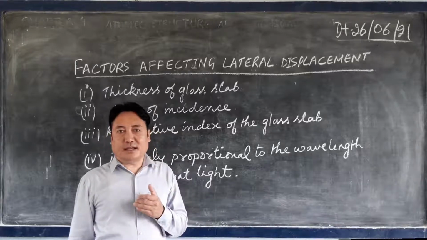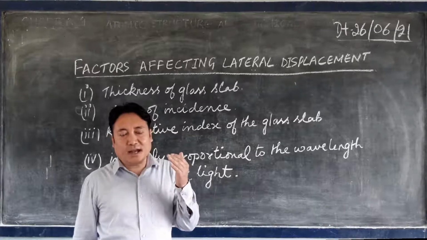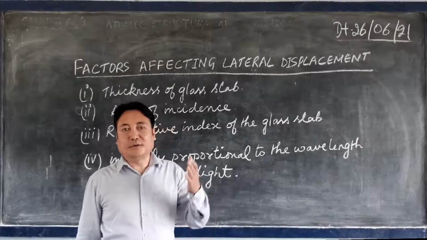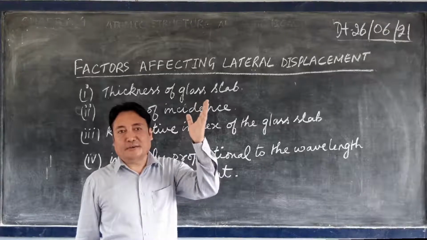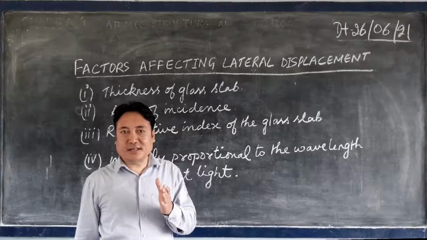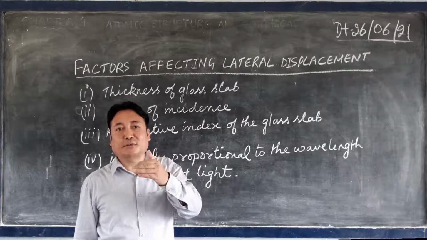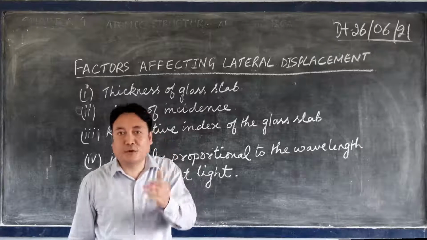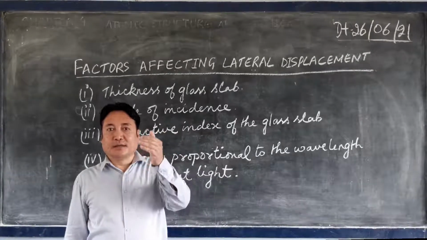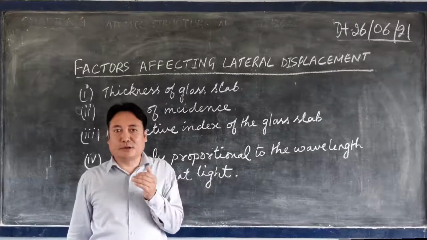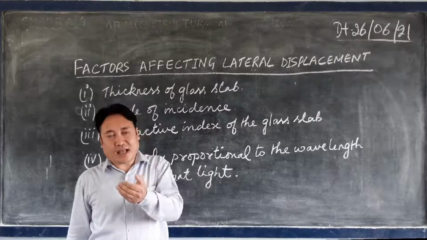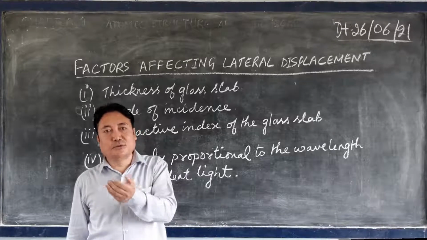The emergent ray is the ray of light that comes out from the glass slab. First, the ray of light is passing from the rarer medium towards the denser medium, air to glass. Refraction takes place, and therefore the bending of light will take place closer to the normal. Please follow the diagram which I explained in the previous class. Then the second refraction takes place because the ray of light has to come out from the glass slab towards the air.